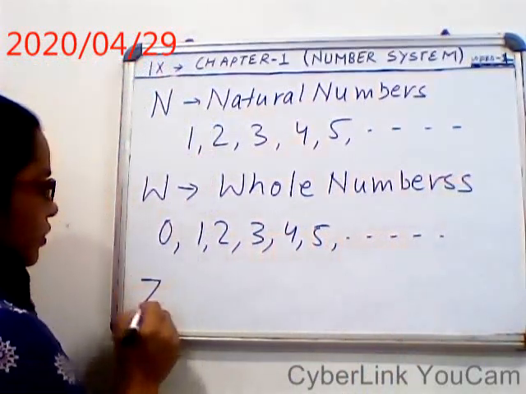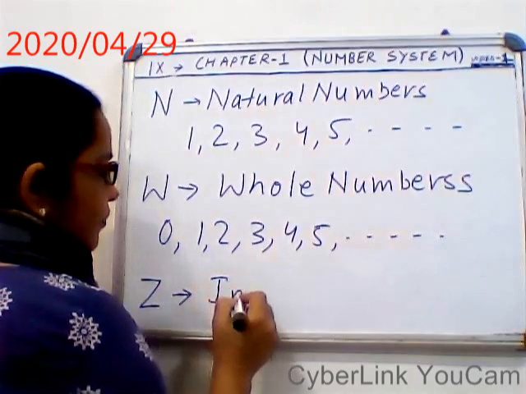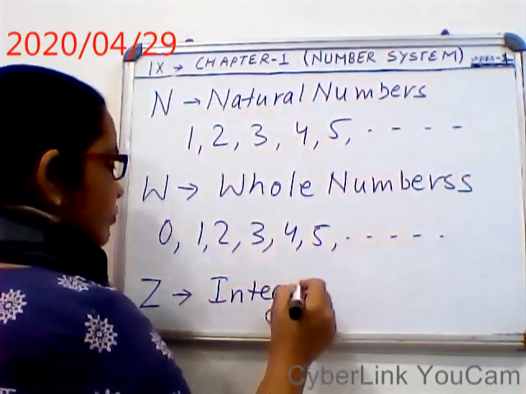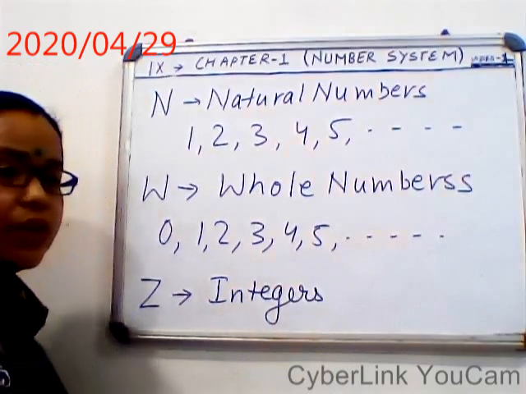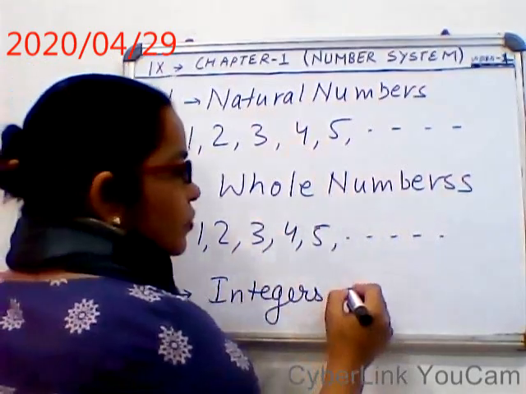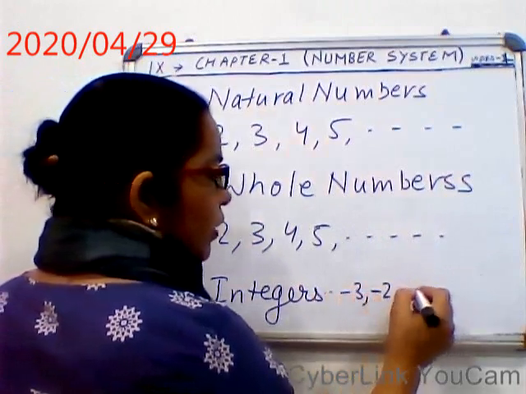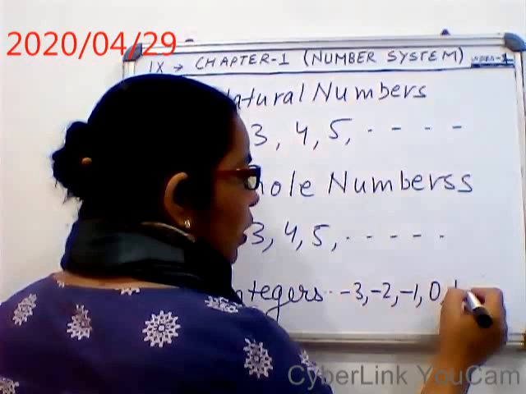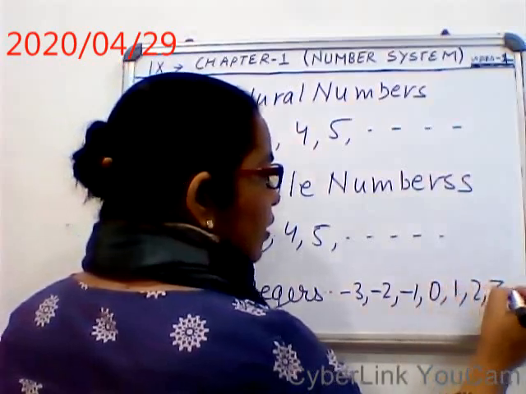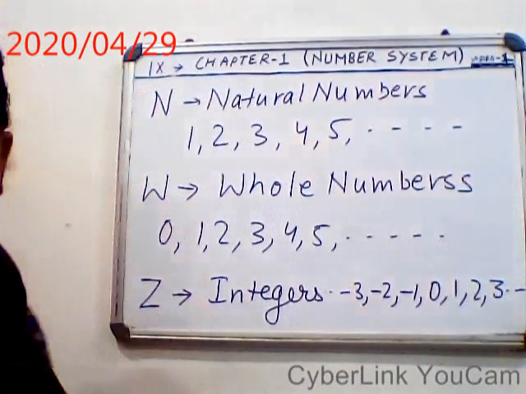And the third one was integers, Z. Integers are when we take negative numbers also with the whole numbers, so integers were minus 3, minus 2, minus 1, then came 0, 1, 2, 3 and so on. So these were the three number systems.